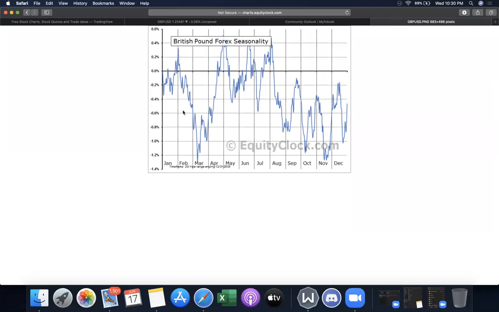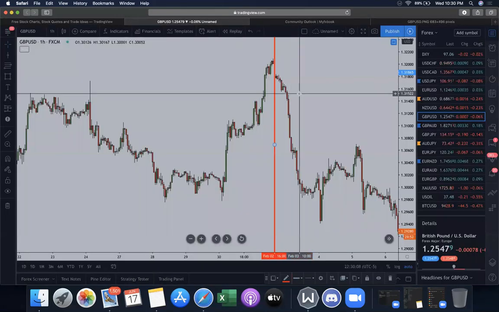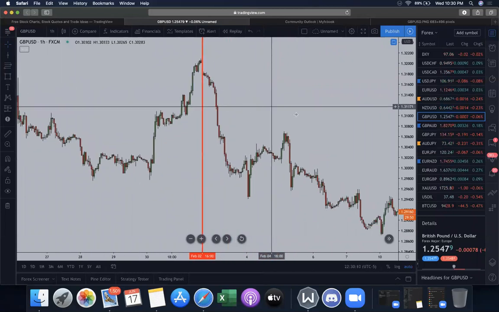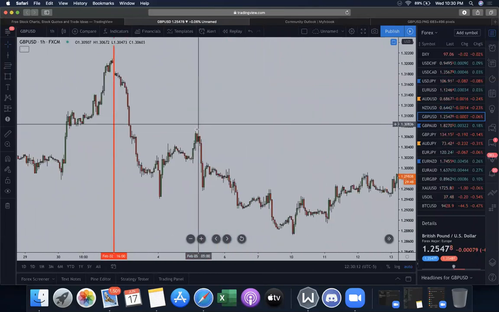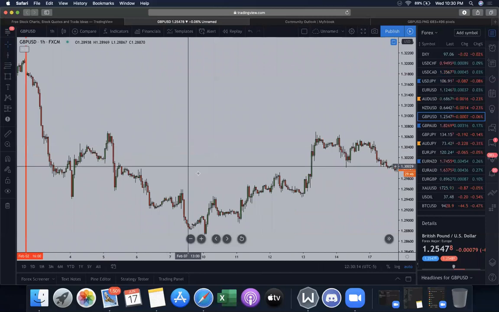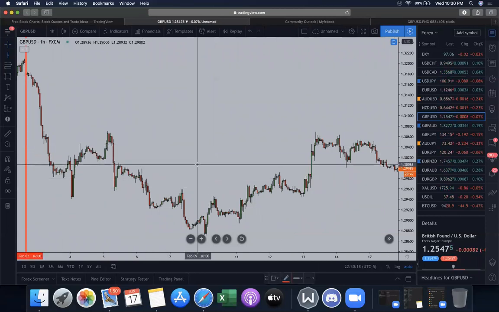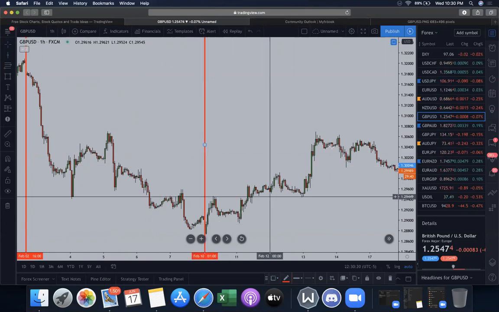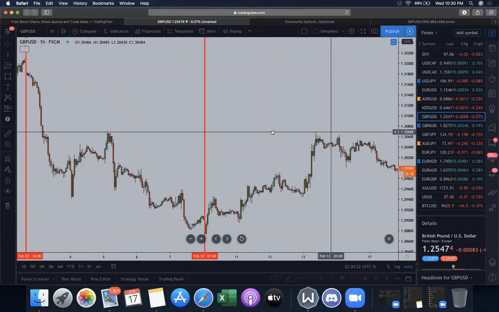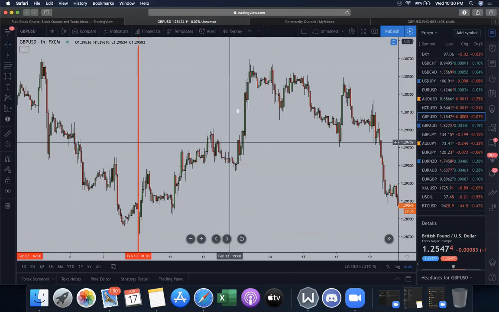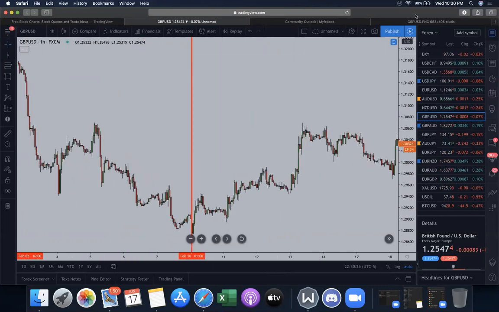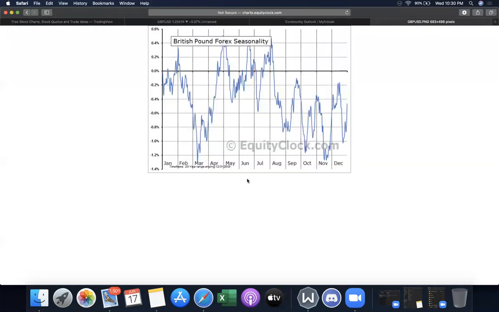All the way until about the middle of February, a pullback. February 5th, there's a pullback. But right here, about February 10th, here's your pullback. Price pulls up.